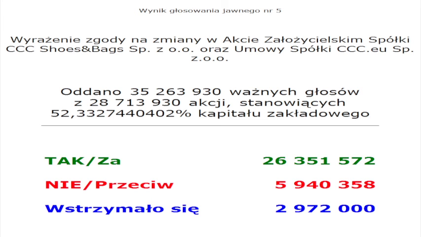There were 26,351,572 votes for, against 5,940,358, and 2,972,000 votes that abstained. Therefore, the resolution was adopted. If there are no more items on the agenda, I hereby declare that today's EGM is closed. Thank you very much for participation.